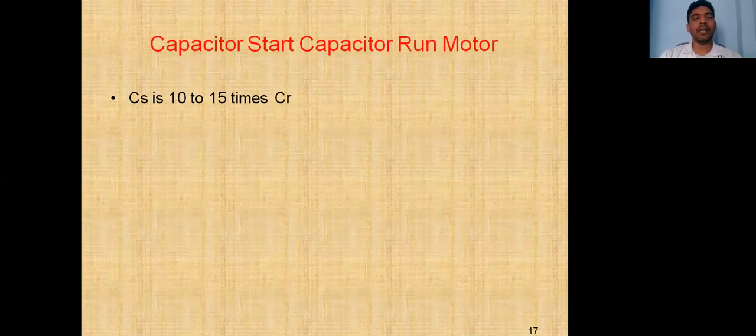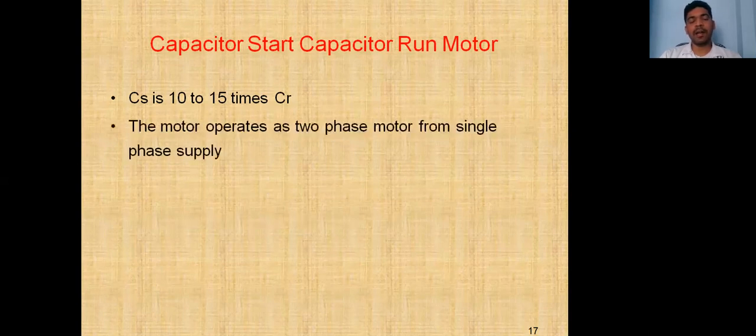The starting capacitance is 10 to 15 times the running capacitor. We have already discussed that the starting capacitor is large in value and the running capacitor is smaller in value.